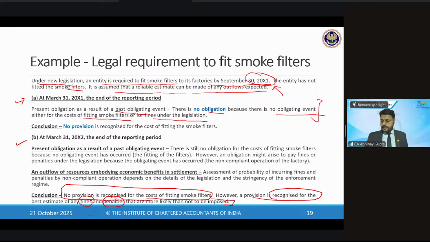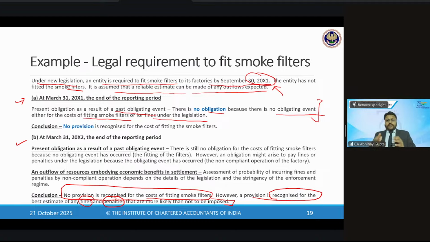Yes. If the law doesn't specify, and simply says it is subject to the best judgment of the government officer, then the government officer will tell the amount.